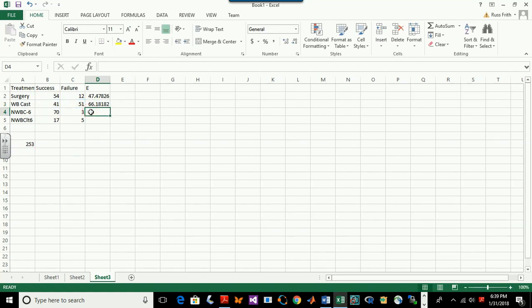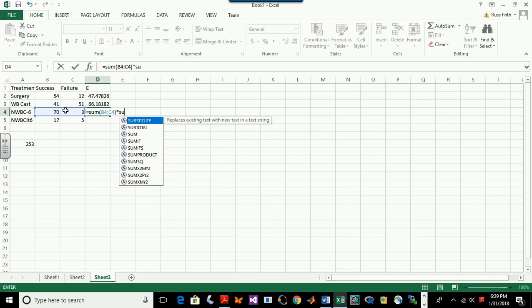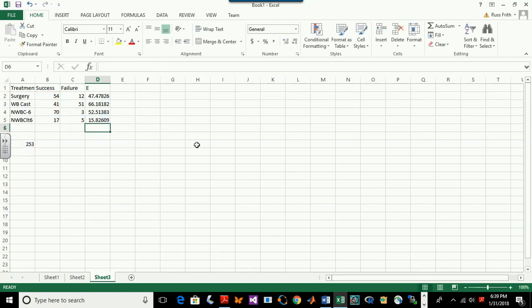The expected value of this equals the sum of the row times the sum of the column, divided by the total. And the expected value here is equal to the sum of the row times the sum of the column, divided by this. So those are our expected values.